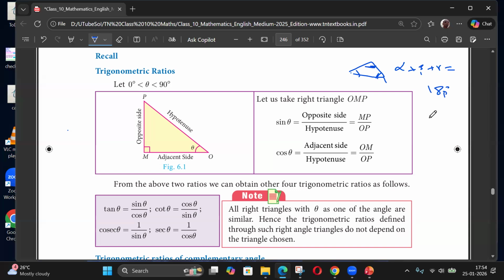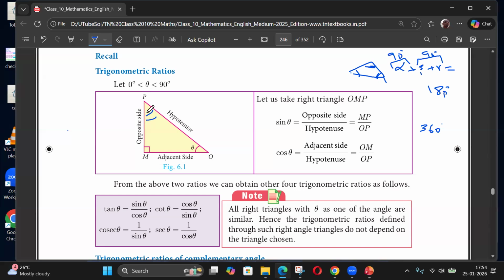In a four-sided figure, like a rectangle or square, it will be 360. So if one of the angles is 90, as in a right angle triangle, the sum of the other two should be the remaining 90. So they should be theta and 90 minus theta.